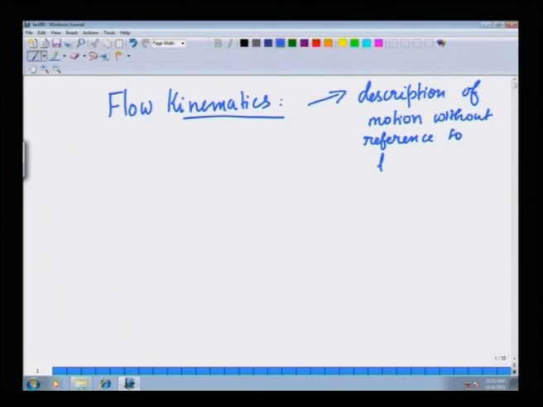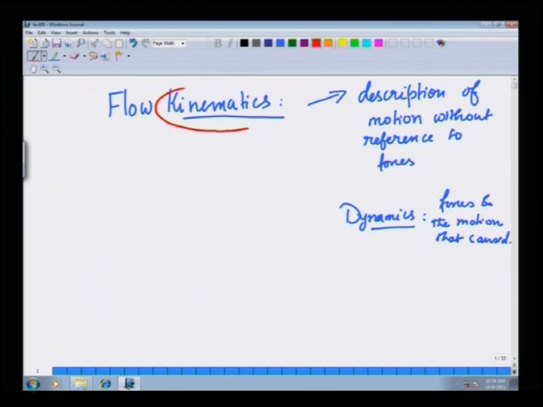Dynamics is the next branch, which we will come to a little later, where we worry about the forces and the motion that are caused by applied forces. Okay. So, the first job in any mechanical subject is to understand how to describe flow.